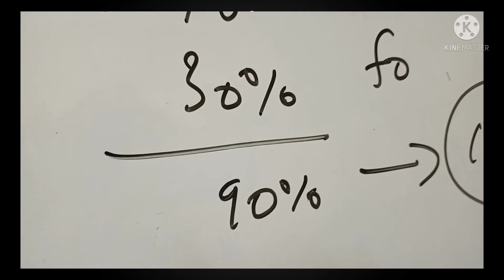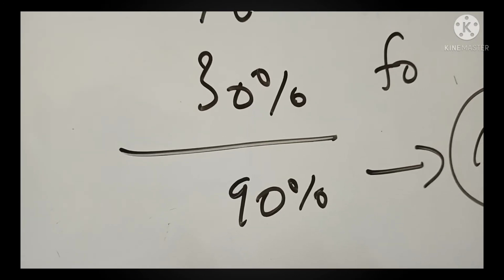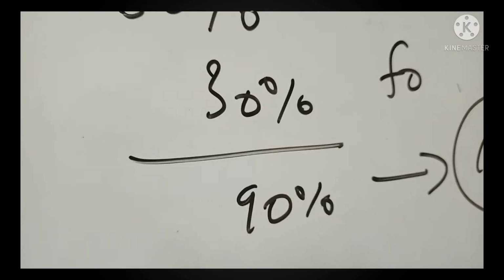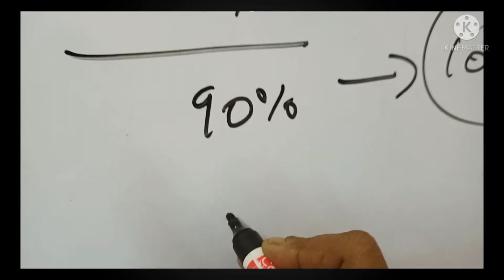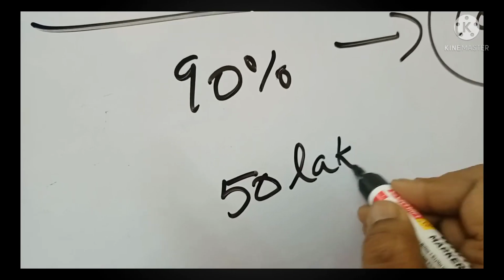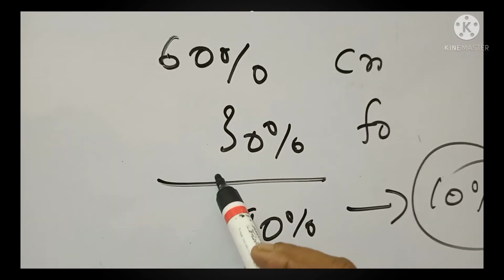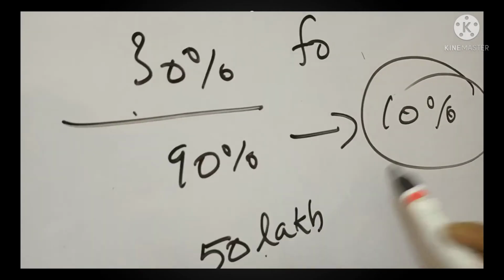If the total people are 50 lakhs, find the exact number who like each type of game. So the total number is 50 lakh. We want to find 60% of 50 lakh, 30% of 50 lakh, and the remaining also.